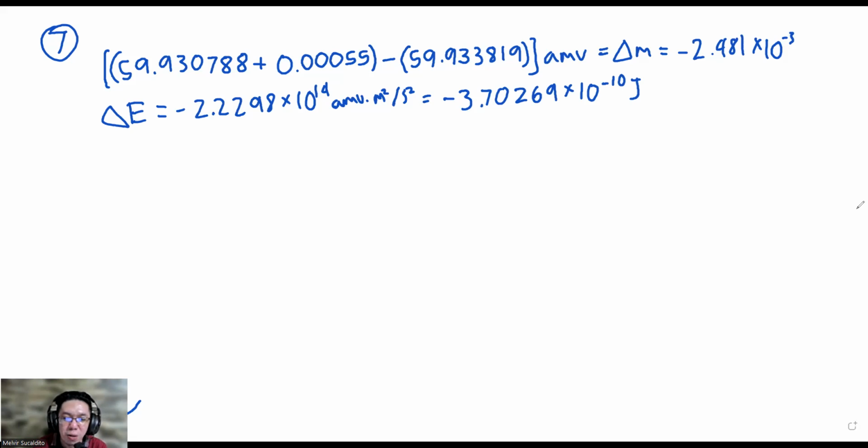Okay, let's see. That is your answer for number 7. So, ang number 7 mo, ang delta mass, number 1 plus 2 plus 3 plus 4 minus 3.